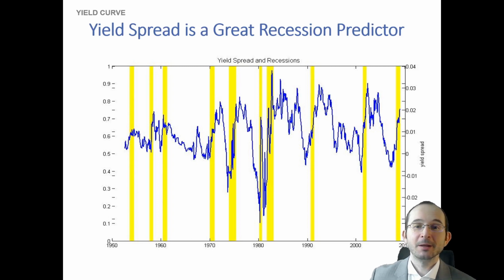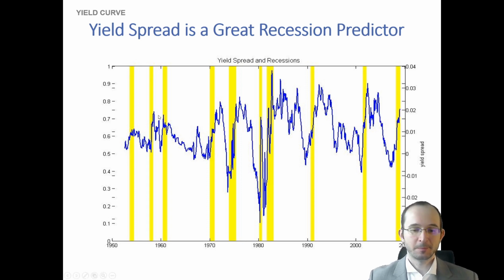Now, indeed, there is actually a strong relation if we just sort of plot out some recent and even not so recent history. There's a strong relation between the yield spread and recessions. So remember again, the 10-year minus the 3-month yield.